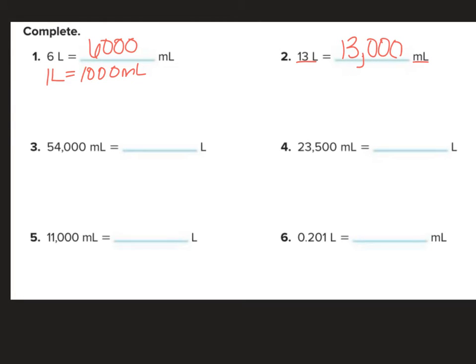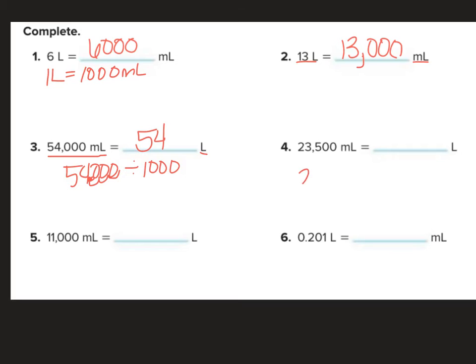All right, so 54,000 milliliters, so I have to do 54,000 divided by 1,000 to figure out how many liters. Remember, when we're dividing by 1,000, we move that decimal point 3 spots to the left. 1, 2, 3. So it is 54 liters.